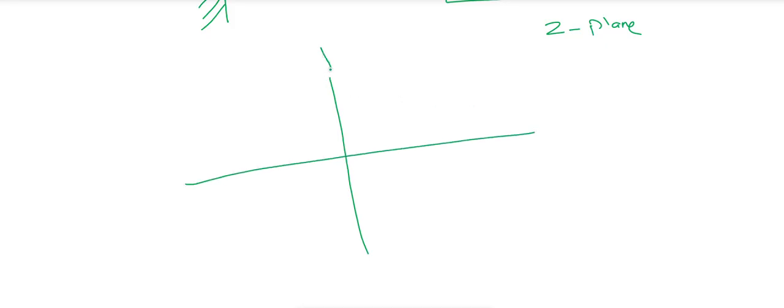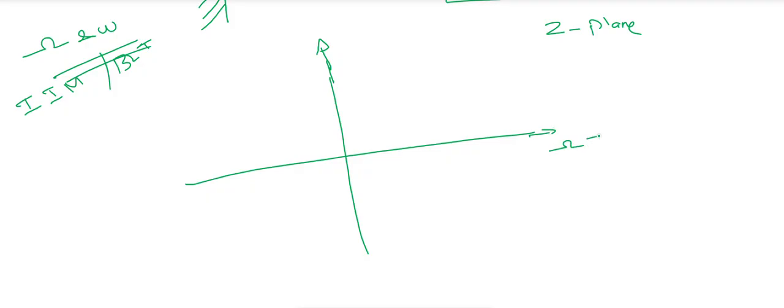Now we'll see what the relationship is between analog frequency and digital frequency, for the impulse invariant method and the bilinear transformation method. This is the digital frequency, this is the analog frequency. This is omega t, our digital frequency omega.